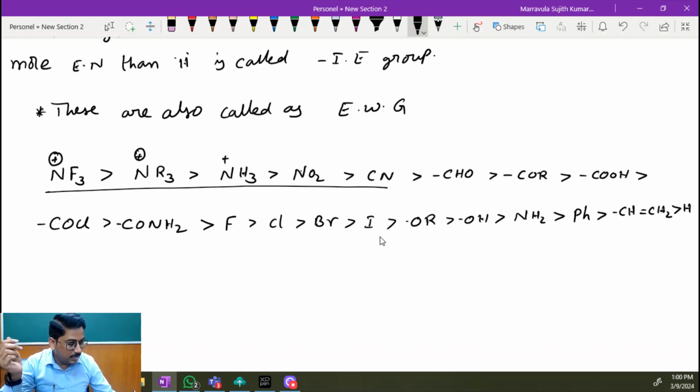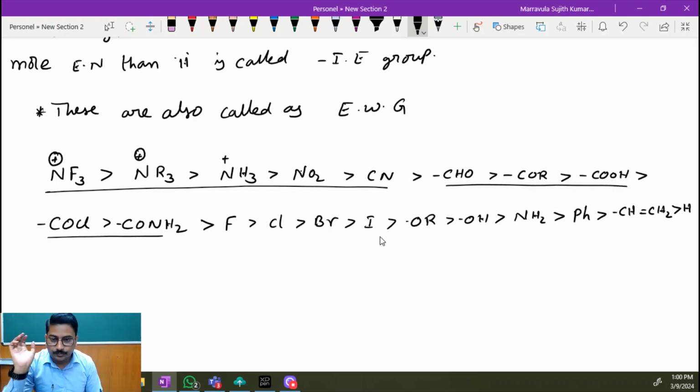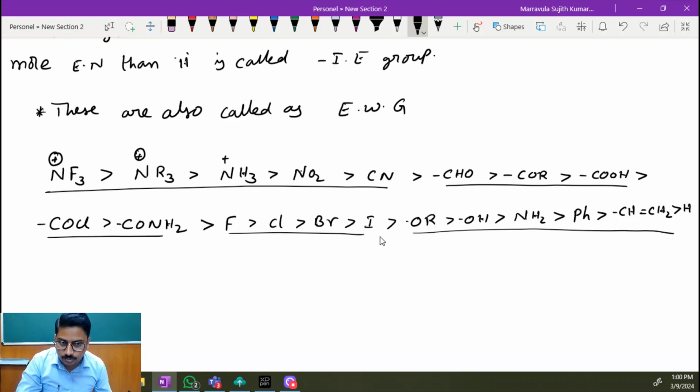After that the carbon groups: CHO, COR, COOH, COCl, CONH2. Next 4 halogens, and next 6 are miscellaneous: OR, OH, NH2, phenyl, allyl, CH double bond CH2, and H. In this way you can group all these elements and remember them group wise, like 5, 5, 4, 6.